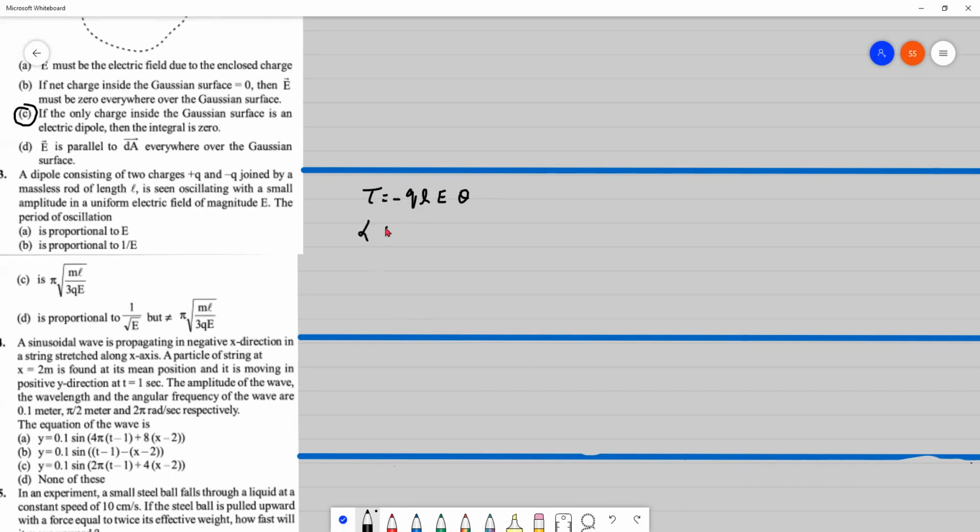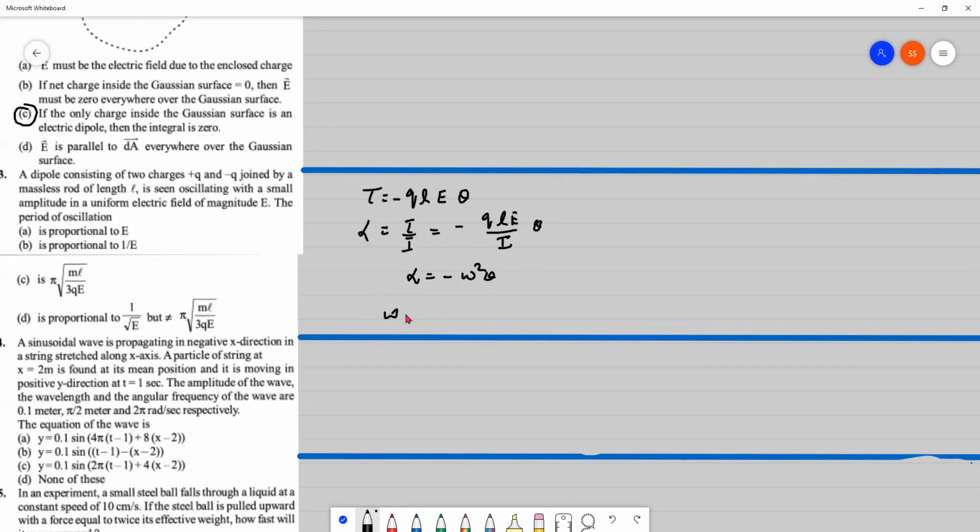So alpha will be equal to tau by I, tau divided by I. So this is going to be minus QLE by I times theta. When you compare it with simple harmonic acceleration, alpha is equal to minus omega squared theta, so this term should be omega squared.